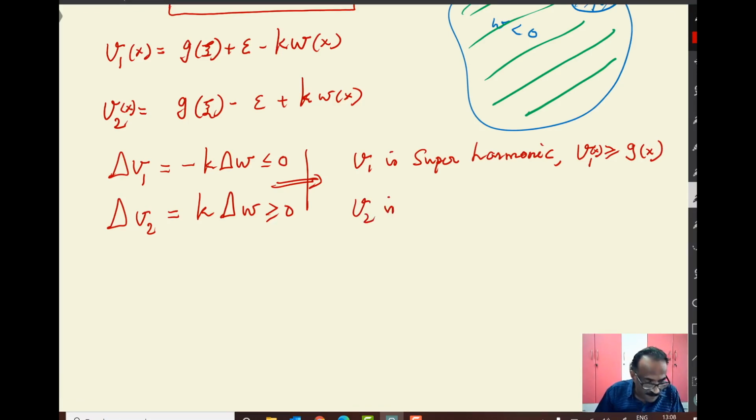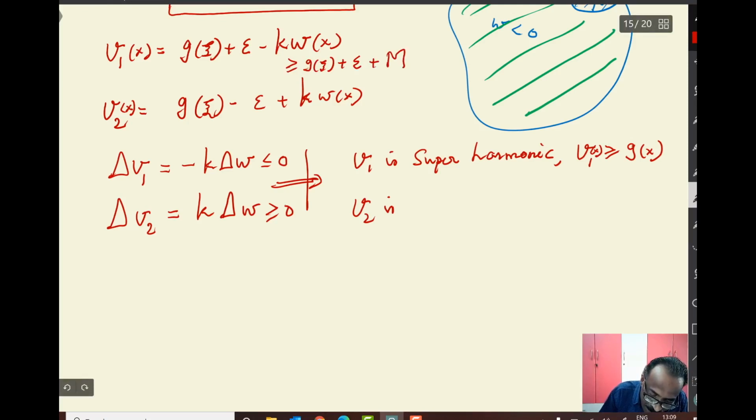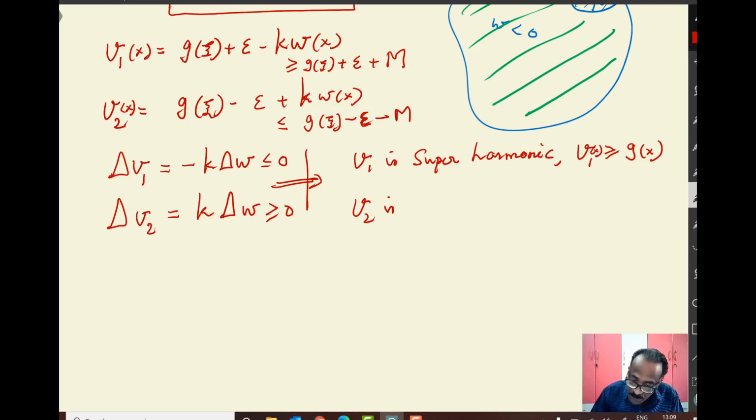This is g(ψ) plus epsilon, which is greater than or equal to m, and this is also less than or equal to g(ψ) minus epsilon minus m, because k w is less than or equal to −m. Use this one because m is the supremum, and you can get this fact.